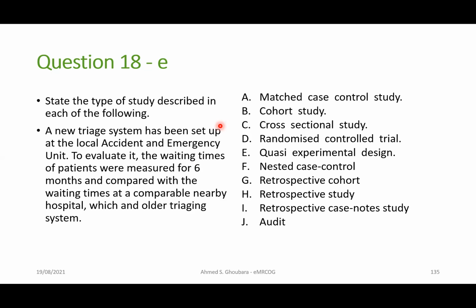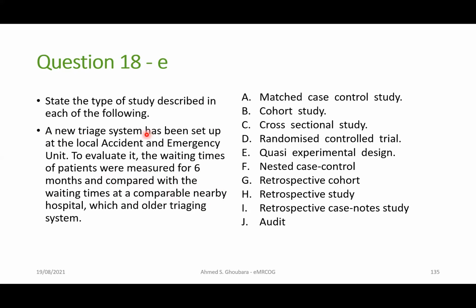Oh, okay. Why retrospective? Please read the question properly. The waiting times of the patients were measured for a period of 6 months. So we were monitoring the waiting time over the period of 6 months. How could this be retrospective?